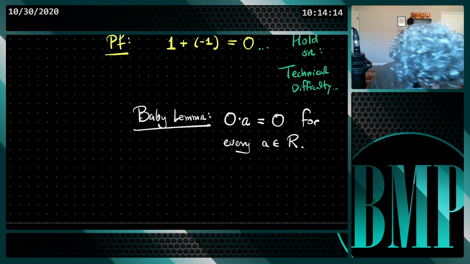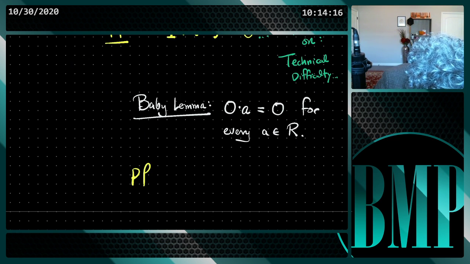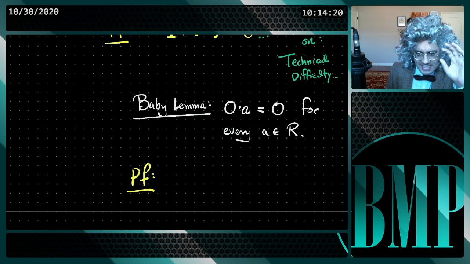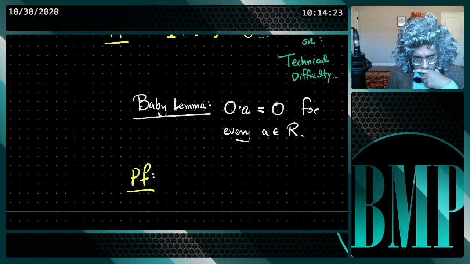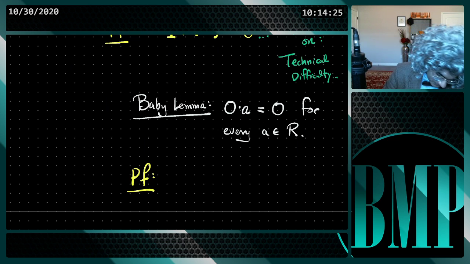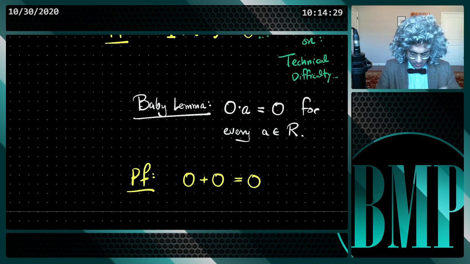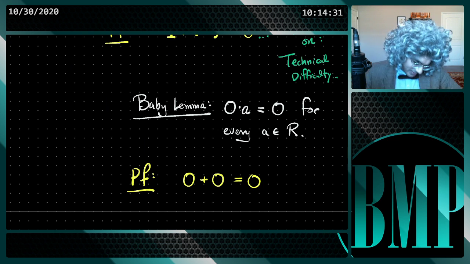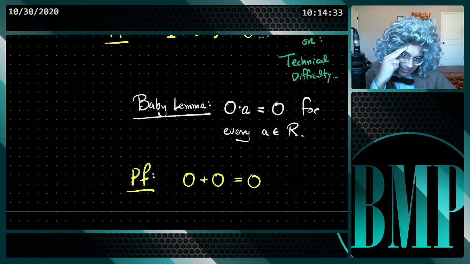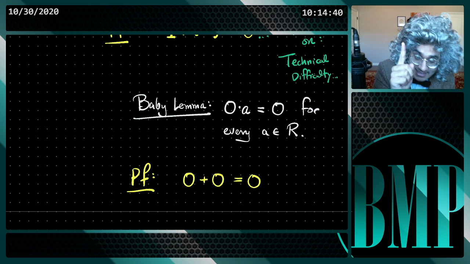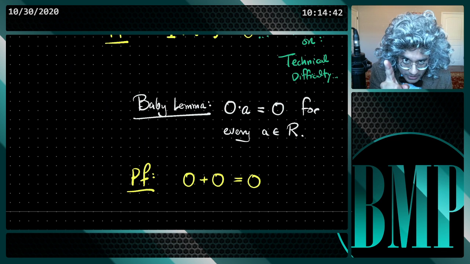Okay, how do you prove this? You prove it like this. You start with 0 plus 0 equals 0. This is what you start with.